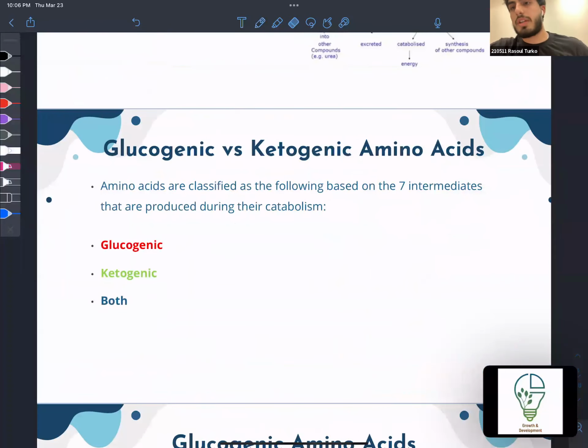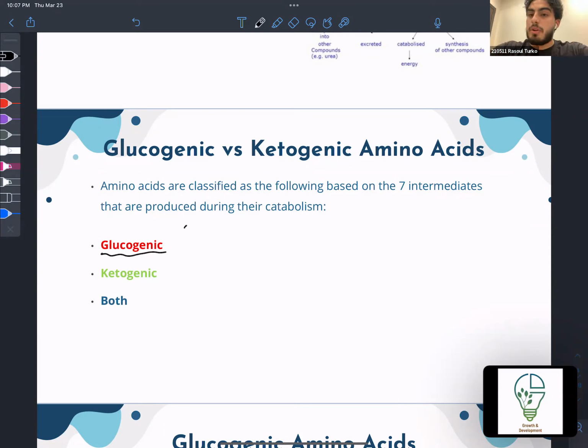Now we're talking about glucogenic and ketogenic amino acids. When an amino acid gets broken down, it can be glucogenic or ketogenic. Glucogenic means that by getting broken down, the amino acid gives us products that are in the TCA cycle. If you remember the TCA cycle, we have different substrates that give us ATP. So the amino acid gets broken down into either pyruvate or some of those substrates in the TCA cycle.